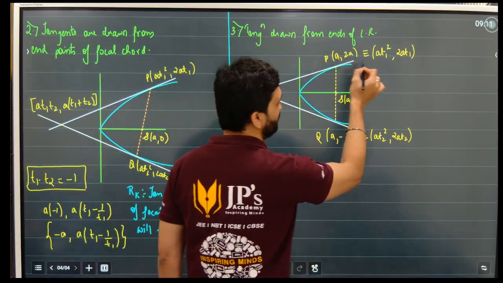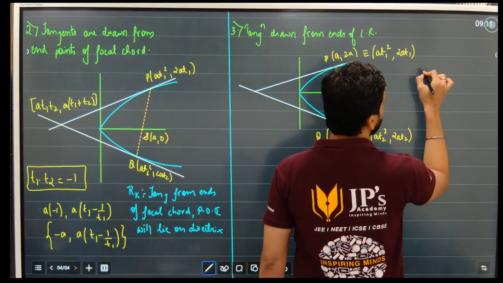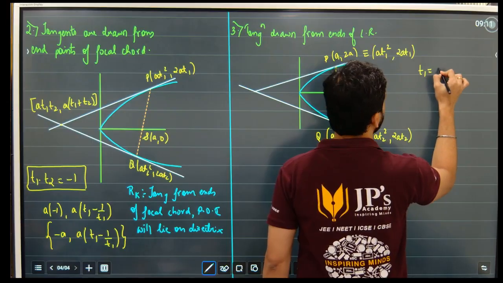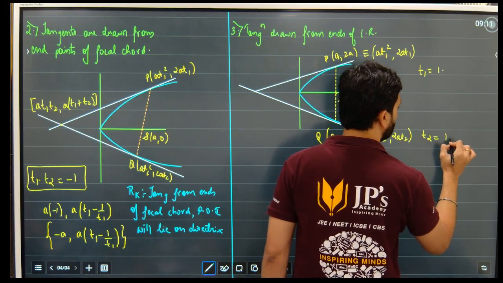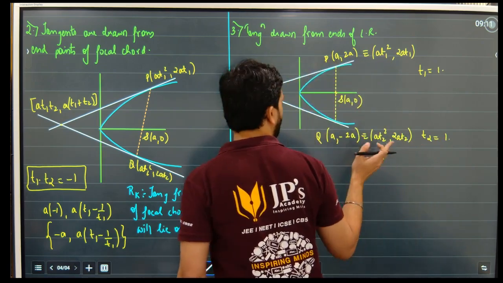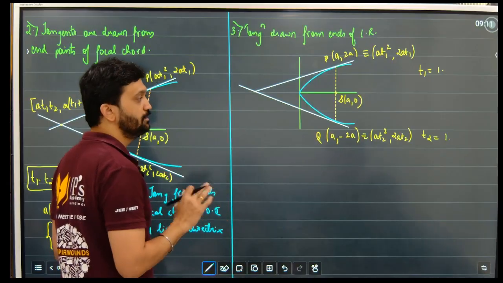If I compare them, I will get t1 is equal to 1, and if I compare them, I will get t2 is equal to 1. I have got t1 is equal to 1.